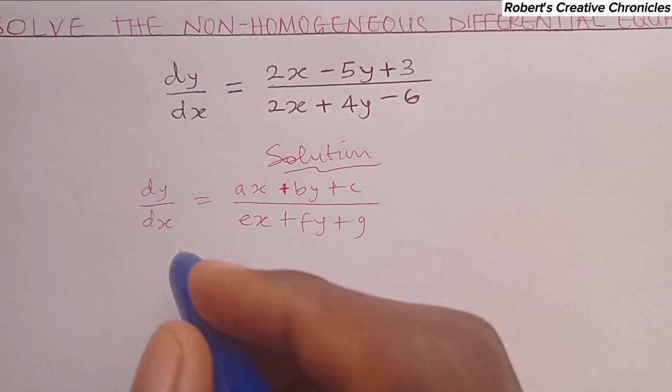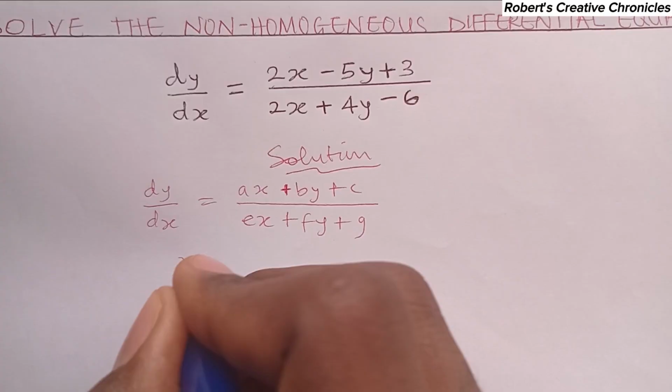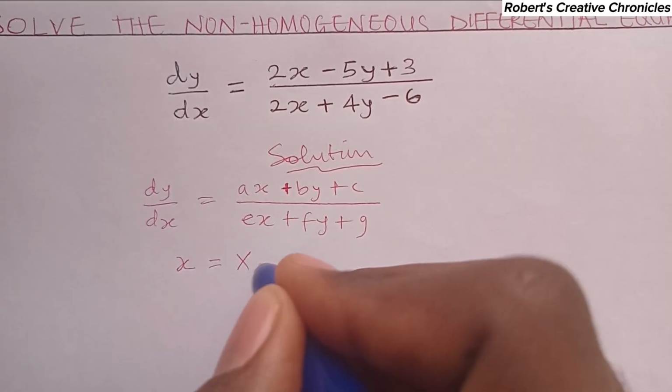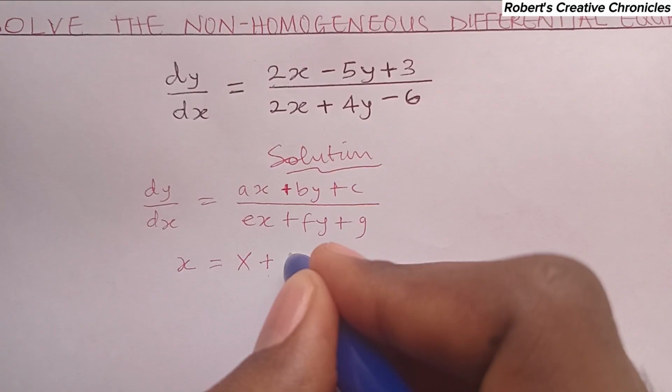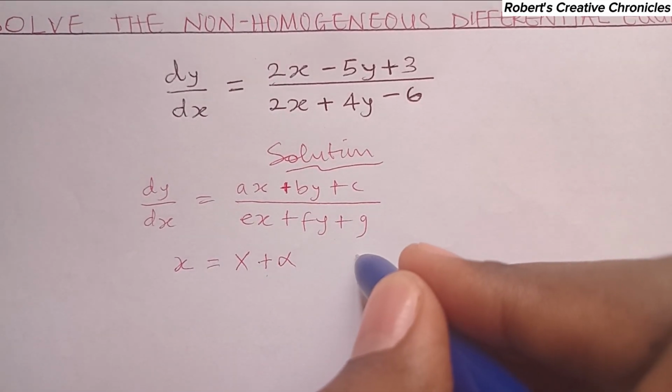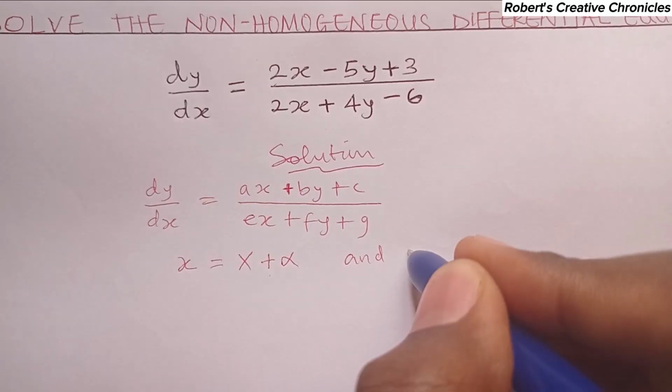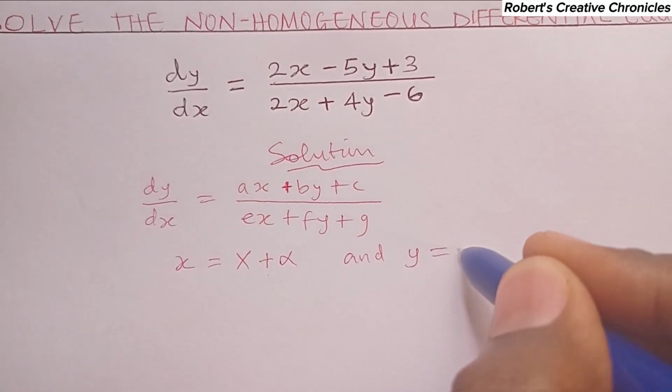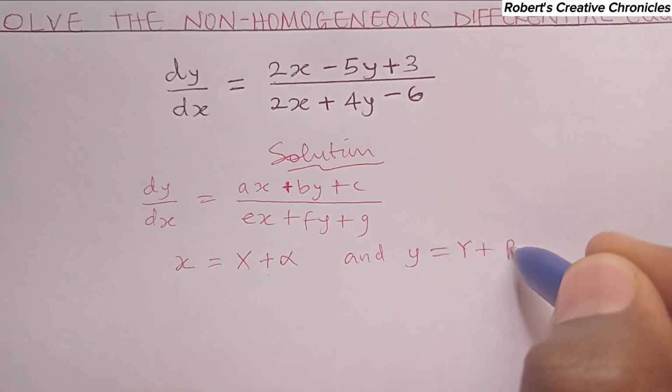By making this substitution, we're going to substitute x equals X plus alpha, and y equals Y plus beta.